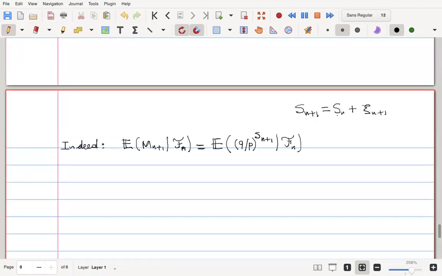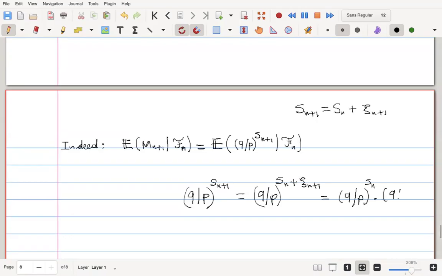Now, if we raise q/p to the S_{n+1}, this gives us (q/p) to the S_n plus psi_{n+1}. Using the property of the exponent, we can break this into two factors: (q/p) to the S_n times (q/p) to the psi_{n+1}. The first factor is M_n.